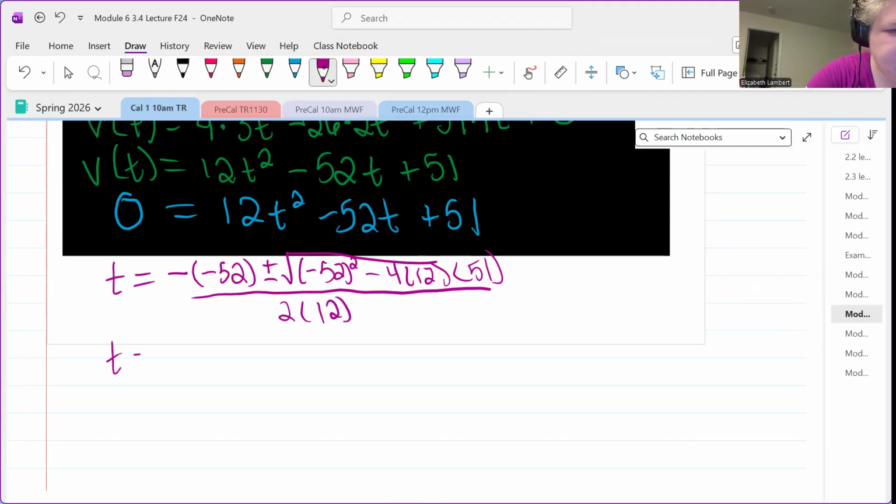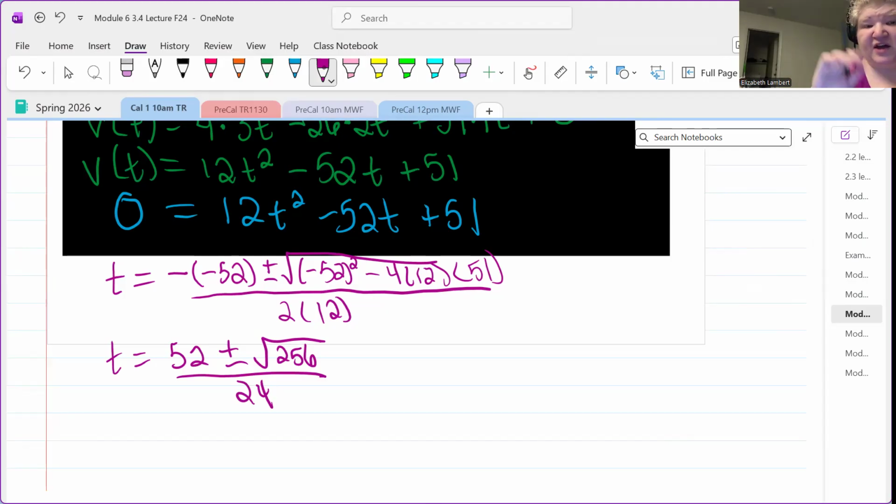So my t is 52 plus or minus the square root of 256 all over 24. So 256 raised to the 0.5 power is the square root. 256 is 16 squared. So I have 52 plus or minus 16 all over 24.